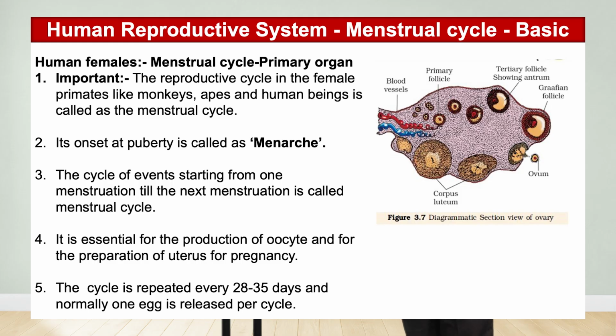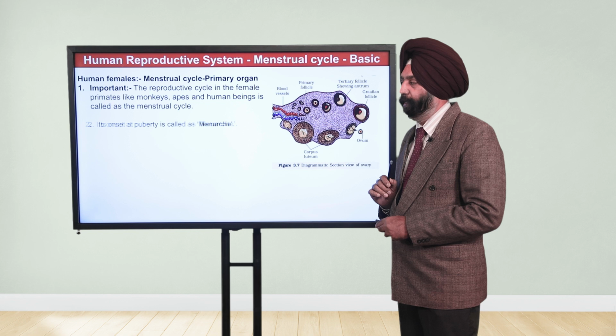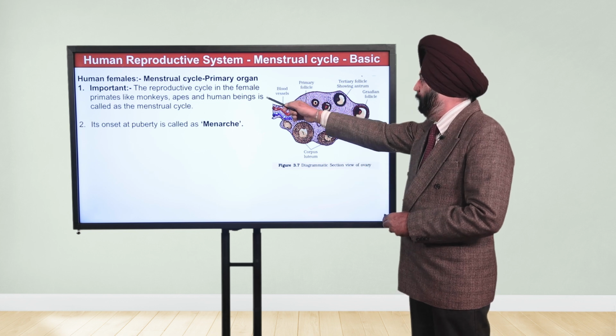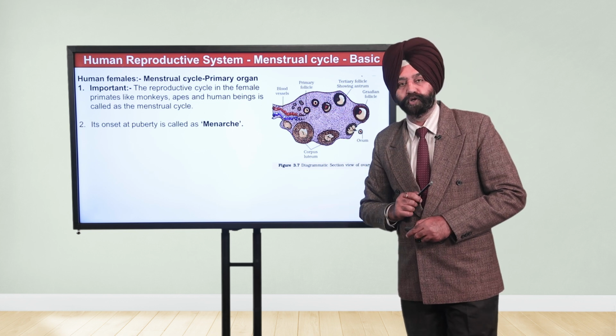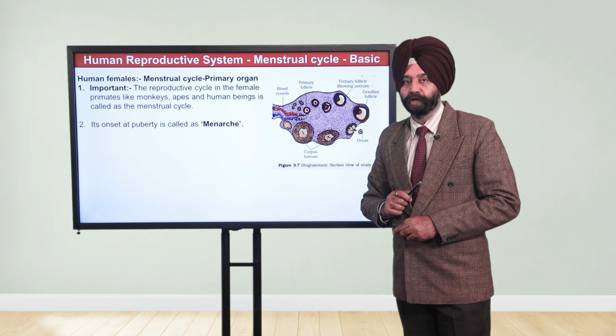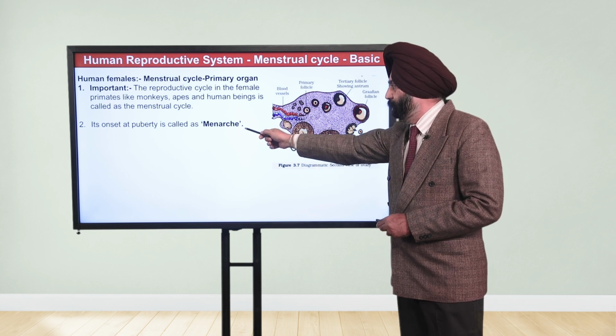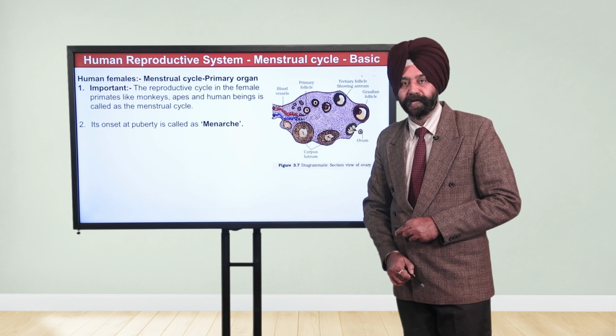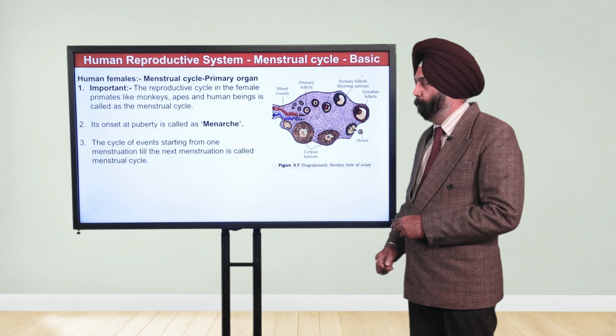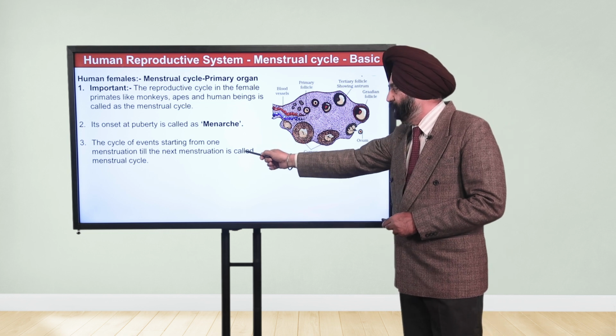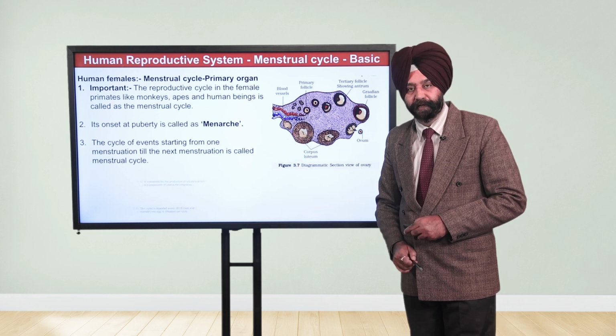So, menstrual cycle in the human females. The important point to remember here is that the reproductive cycle in female primates like monkeys, apes and human beings is called as menstrual cycle. Its onset is at the puberty called as menarche. The cycle of the event starting from one menstrual cycle to the next, it's called as menstrual cycle.